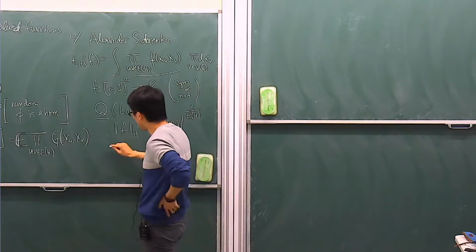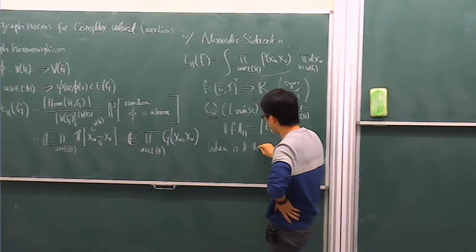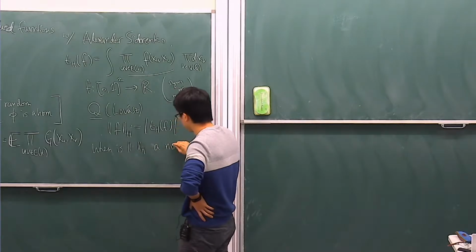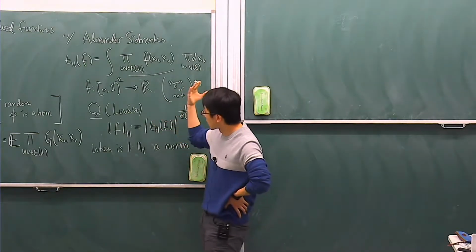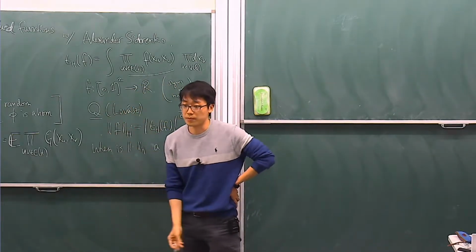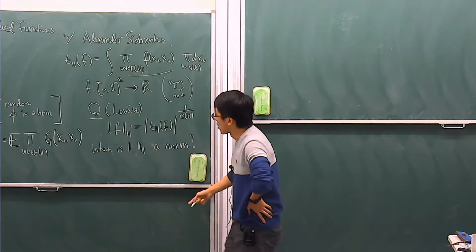So the question is, when is this quantity a norm on the vector space of two-variable symmetric functions, or just two-variable functions?